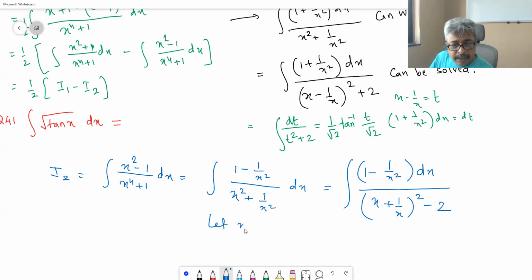Let x plus 1 upon x is equal to t, implies 1 minus 1 upon x square dx is equal to dt.